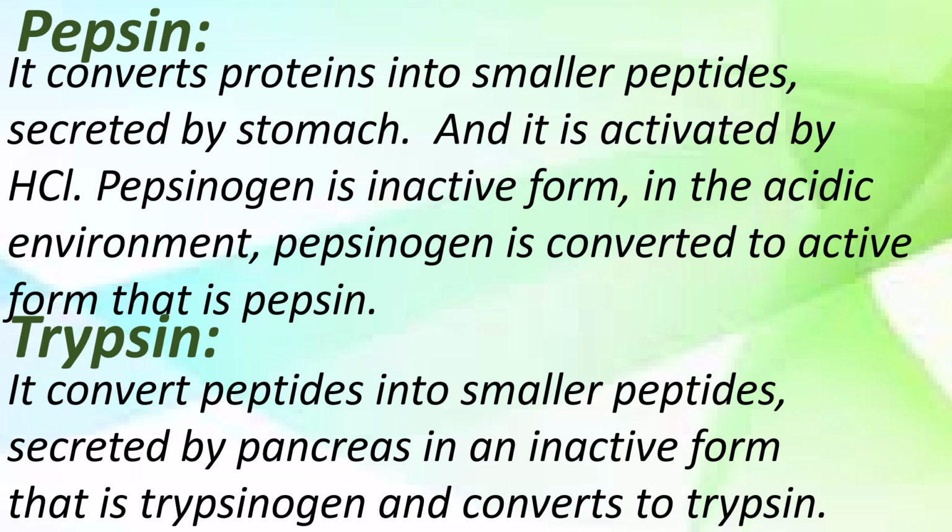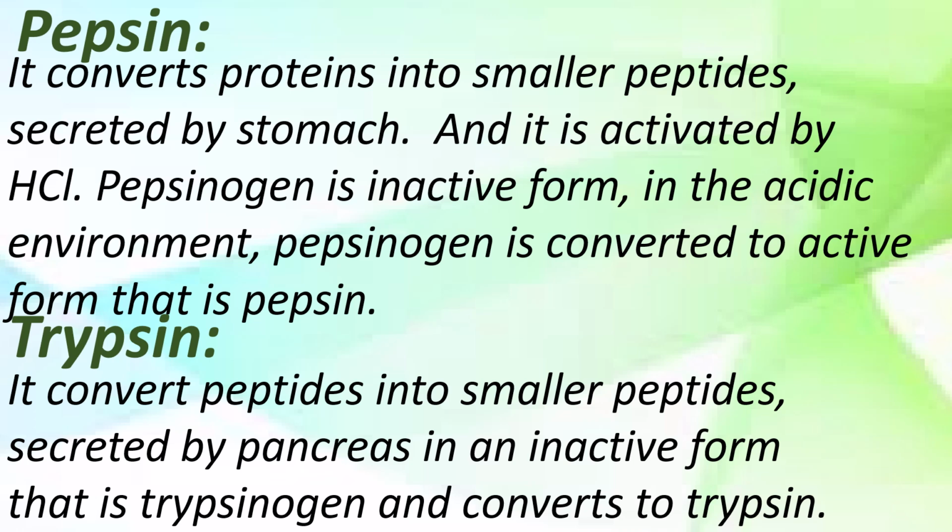So in the stomach, pepsin is released in an inactive form, that is pepsinogen, but in the presence of HCl, pepsinogen is converted to active pepsin. This pepsin converts proteins into smaller peptides in the stomach.